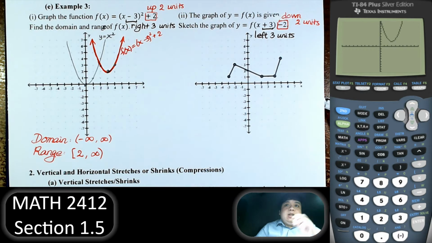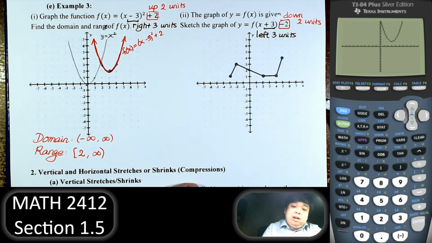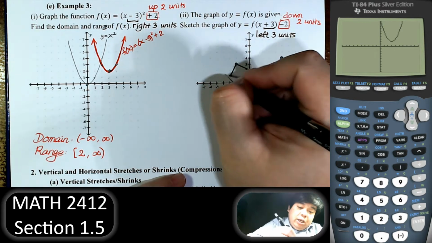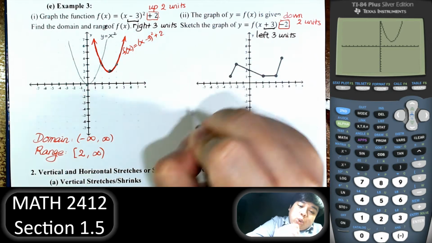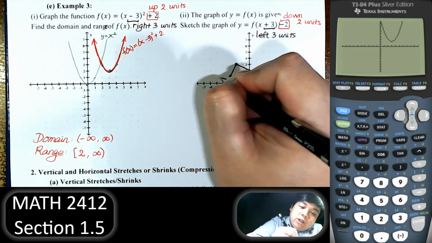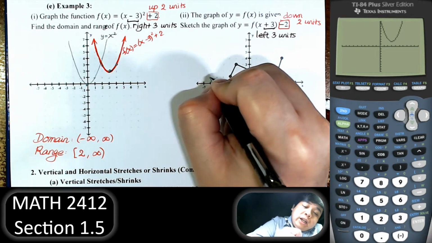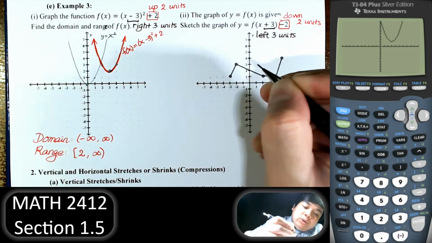So once again, if it's just translation, it doesn't matter which one we do first. So 3 units to the left, and then 2 units down. Right? So just do point by point. 3 units to the left, 1, 2, 3, and then 2 units down, 1, 2.